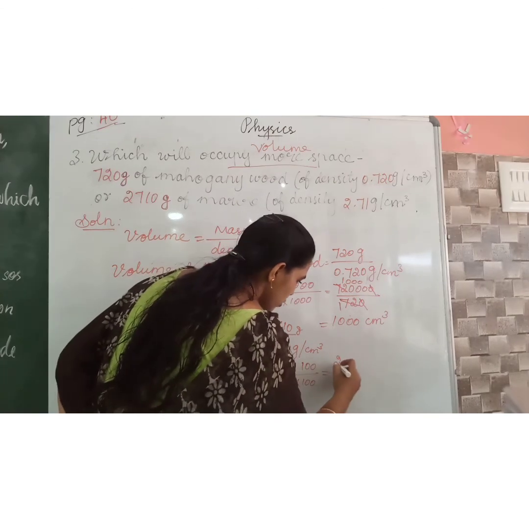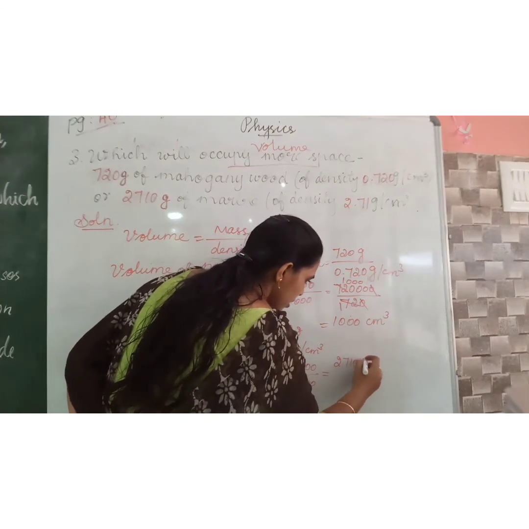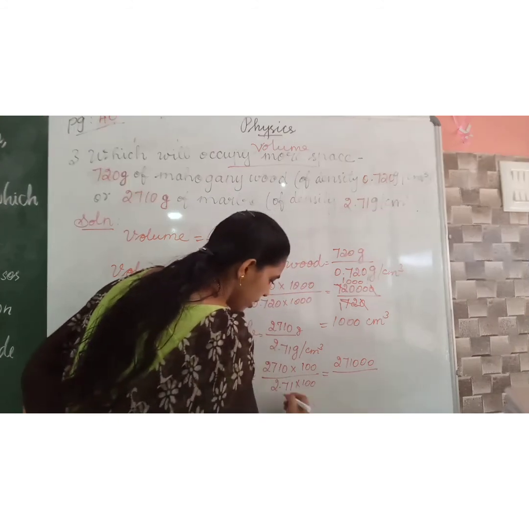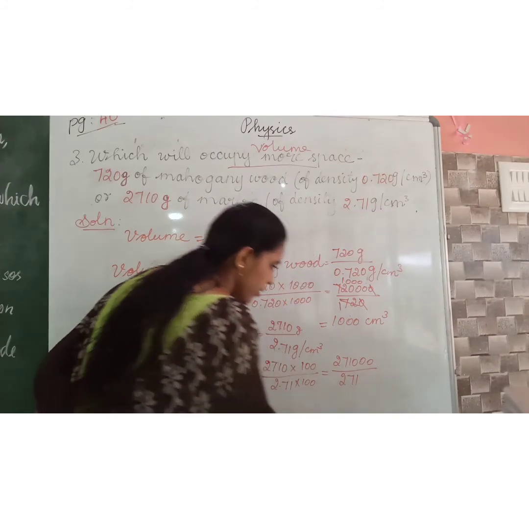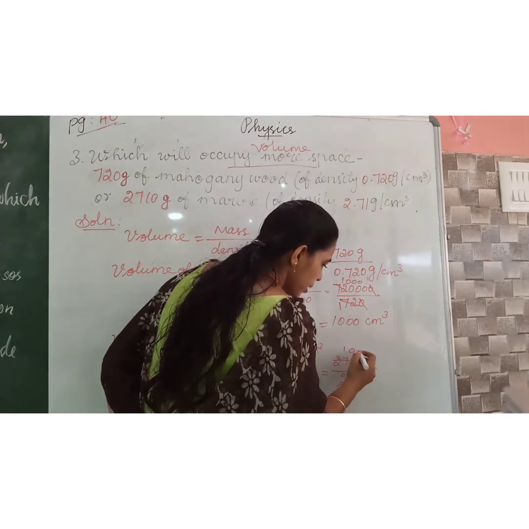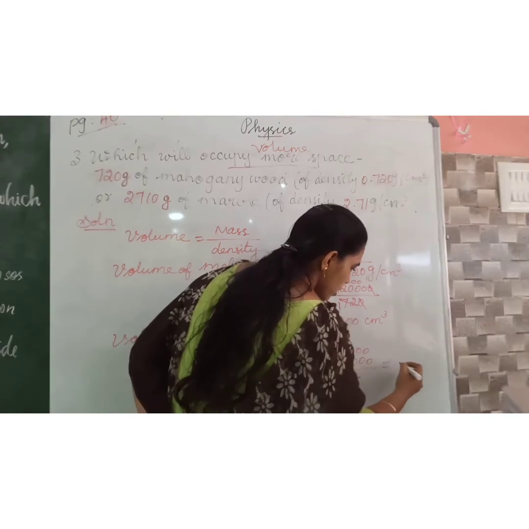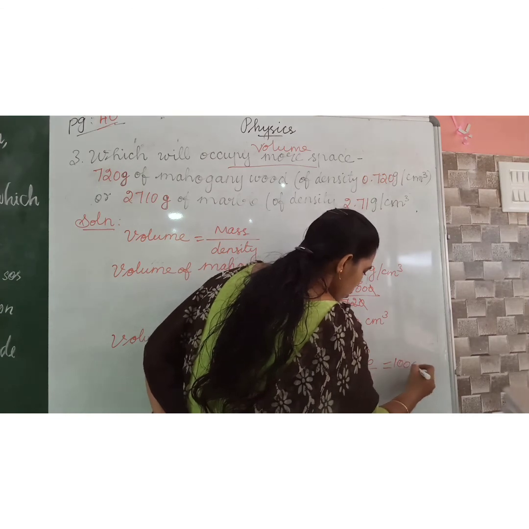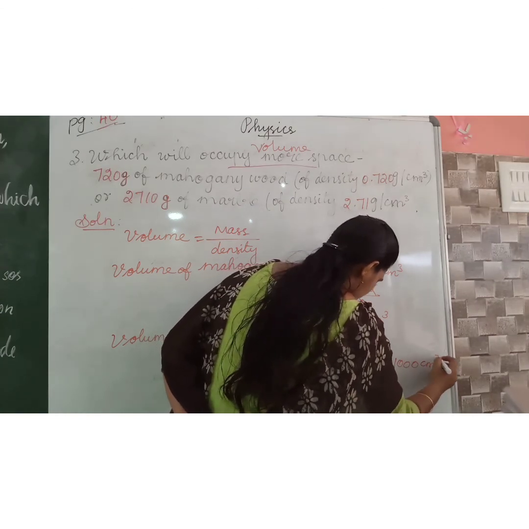So 2710 into 100, 271. We cut these numbers, 1, then remaining 0, 0, 0. So here also 1000 centimeter cube.